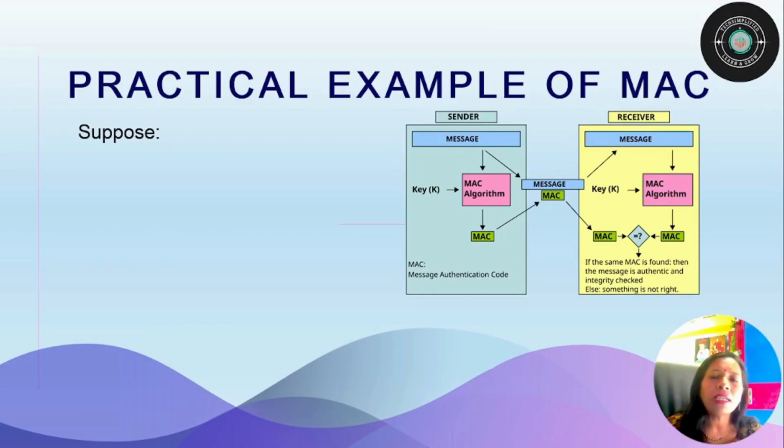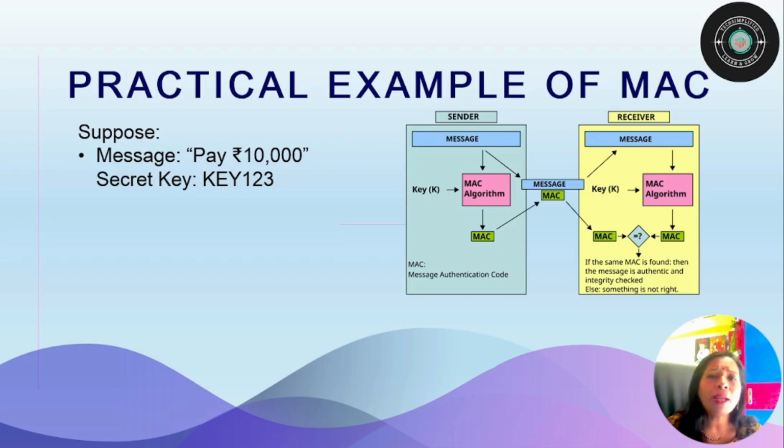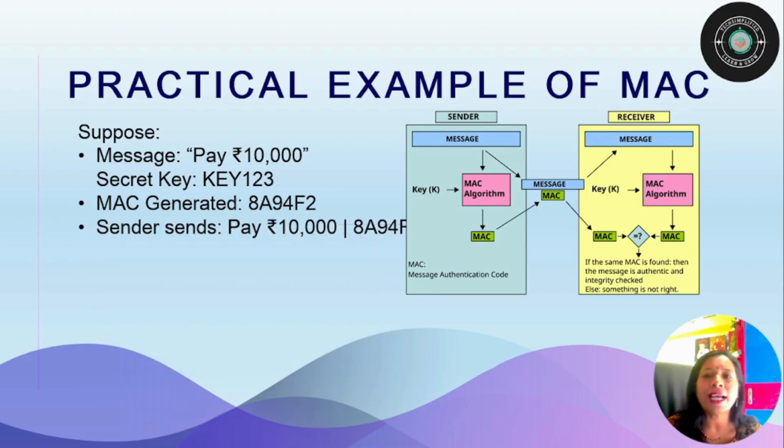Let's take one practical example. Suppose there is a message "pay 10,000 rupees" and the secret key is K123. Now the MAC is generated, which is a hash value of fixed size. The sender sends both the original message and the MAC to the receiver.